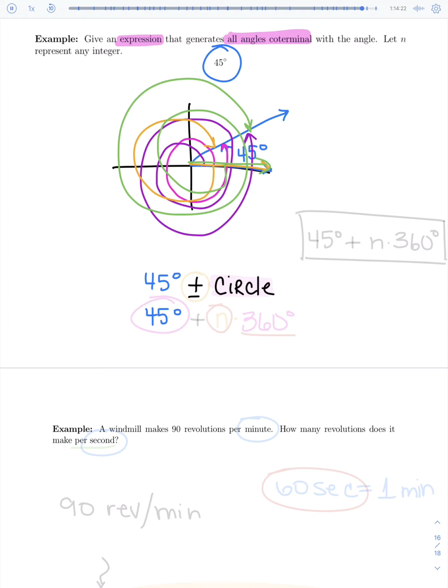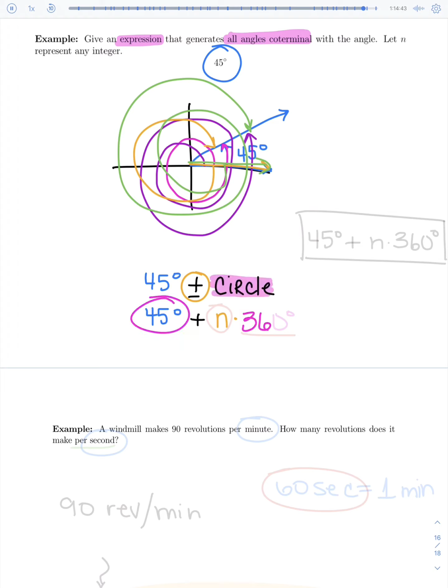But we're just going to leave it as, we always say add. And then in order to take care of both addition and subtraction of circles, we'll just use a number n times what? Well, what are we taking away and adding? Circles. Well, circles have what in degrees?